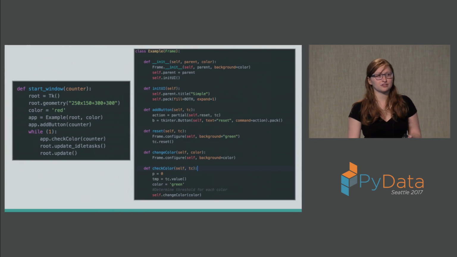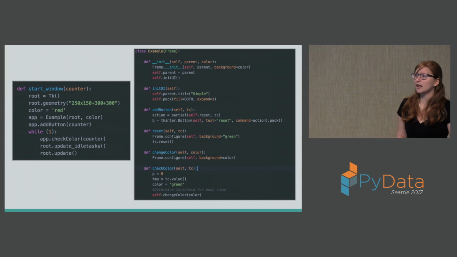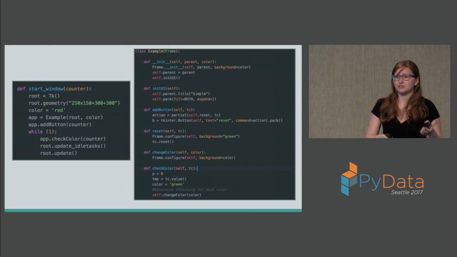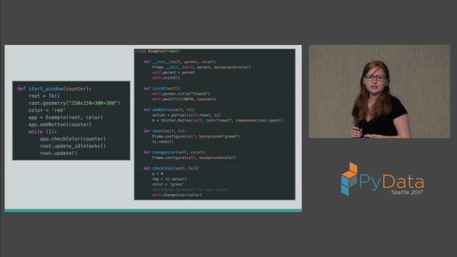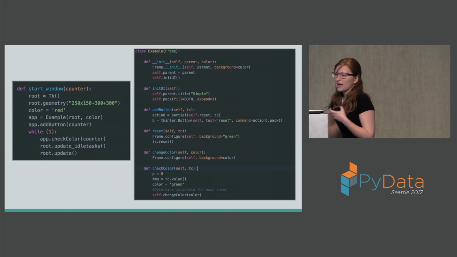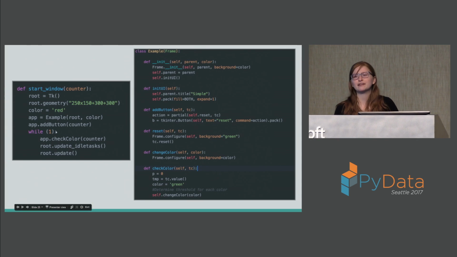I had never used tkinter before, and it was actually really simple to set up. There's a lot of documentation out there on the web if you need to make a quick GUI. I just call tkinter, and then add buttons, whatever you want. The main thing is I just have this continuously checking color.